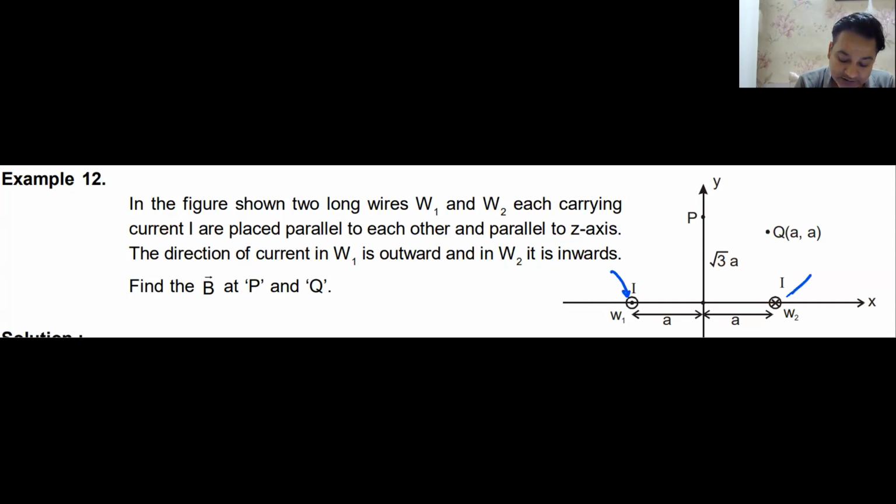The direction of current in W2 is cross, which is inside. Find the magnetic field at point P and Q. P is on the perpendicular bisector at a distance root 3a. Q is not on the perpendicular bisector. I'll give you 2 minutes to do it.